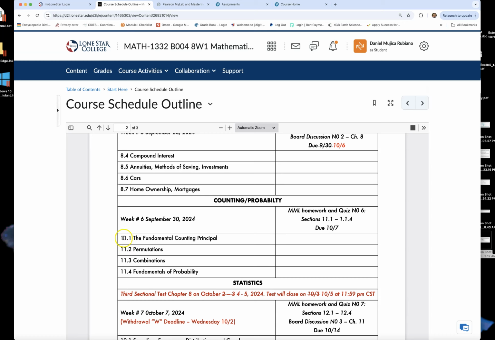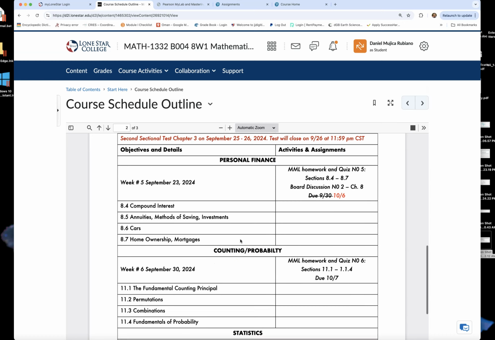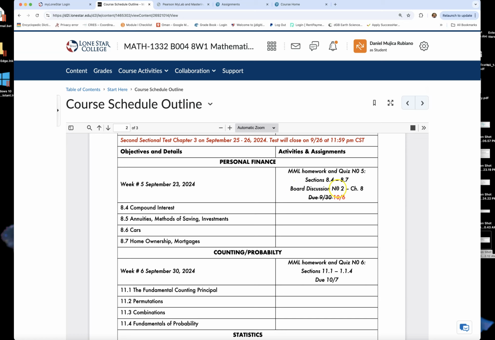Besides the new chapter, this week we are going to cover chapter 11, which has to do with counting and probability. But remember that board discussion number 2 is due by the end of this week.